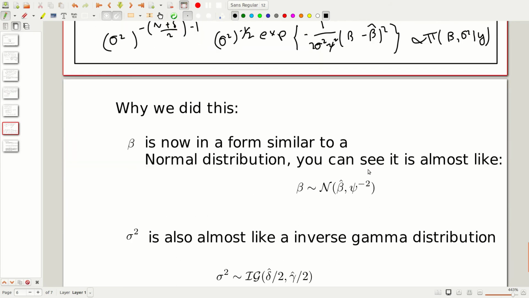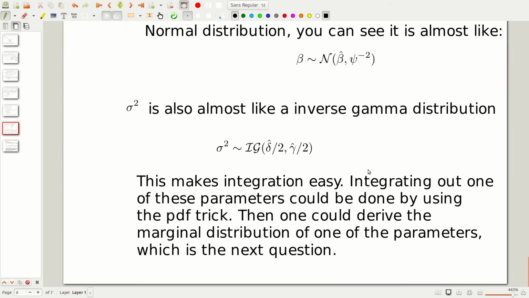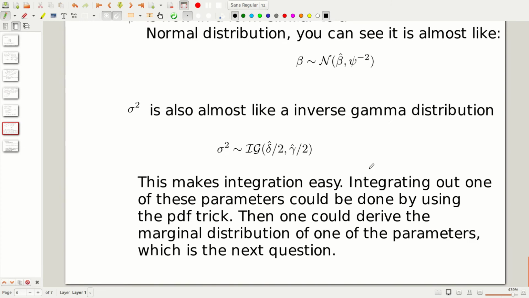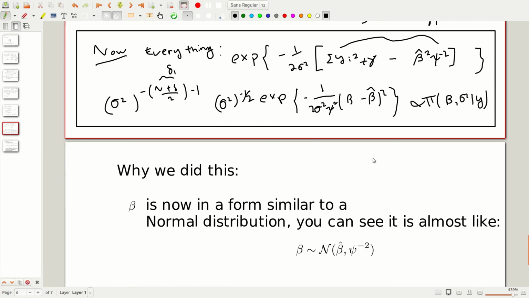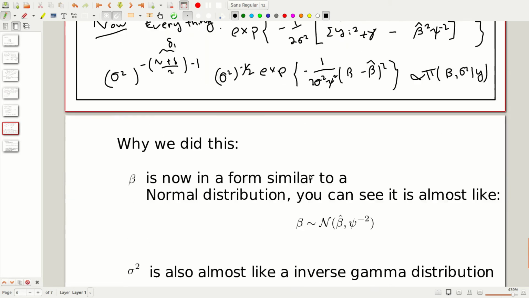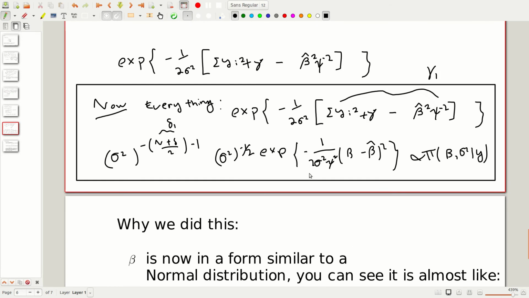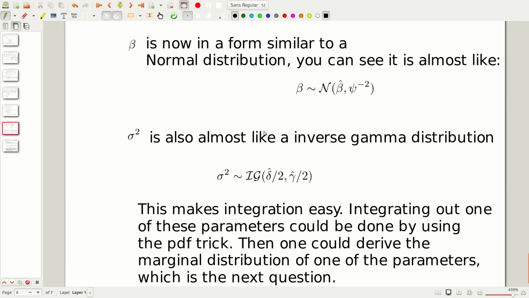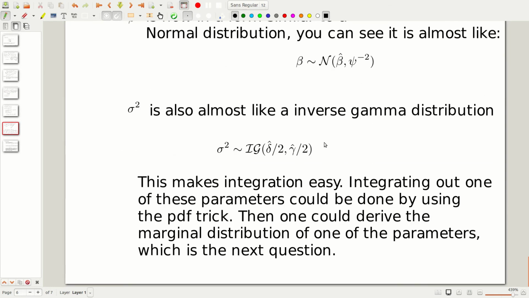This is my summary of why we did everything in problem 1. You can see here that this is in the form of a normal distribution, and for sigma squared you have something like an inverse gamma distribution with new parameters gamma 1 and delta 1. Okay, so that's what this says.